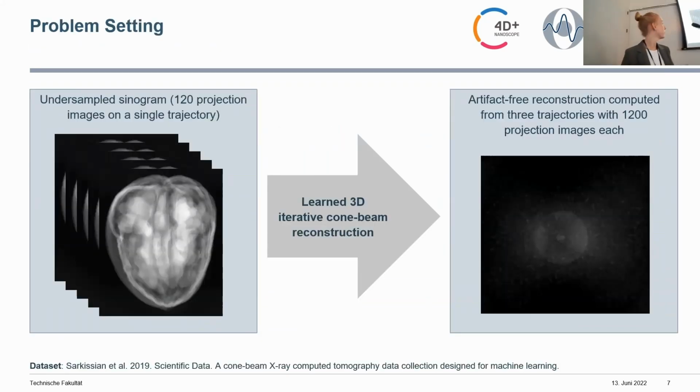Sorry. Okay, I'm sorry, this should actually be a video on the right. That is a reconstruction computed from all the 3 different circular trajectories at the 3 different heights, where each of them is sampled by 1,200 projection images.